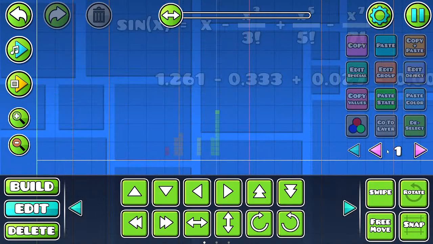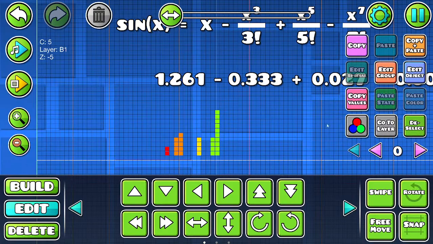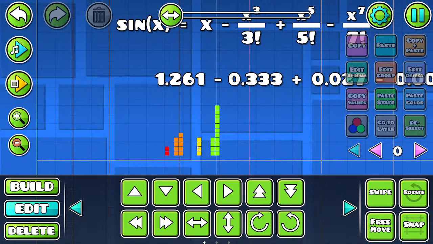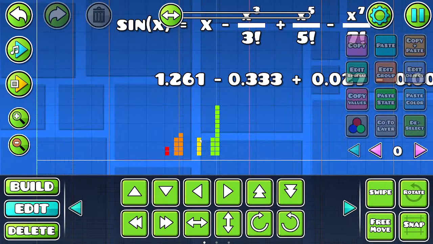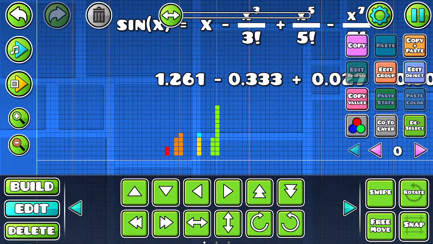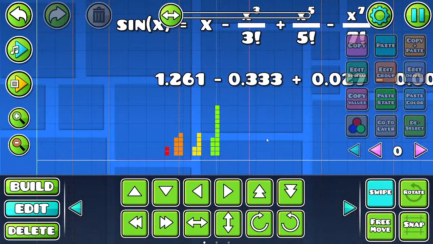Bro, what am I doing? And then I have to add 2. Okay, no, no, no. Stop. 1, 2, and 3 because I have to give me 10. 7, 8, 9, 10. And then I have to subtract 1.